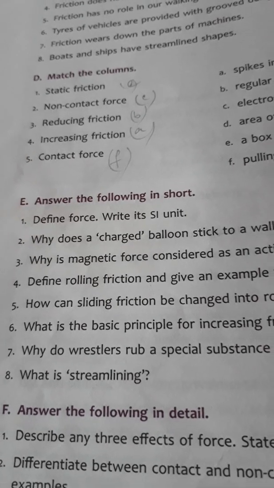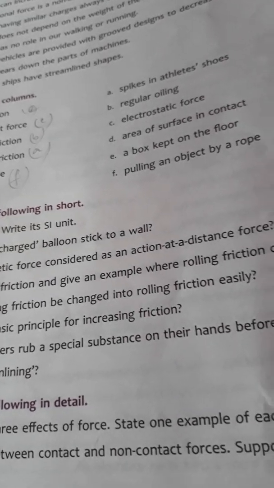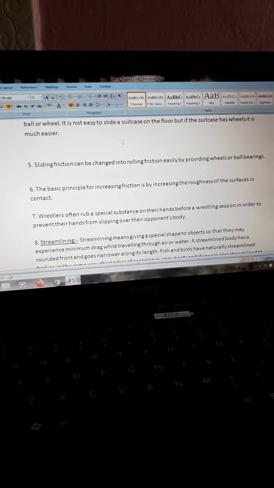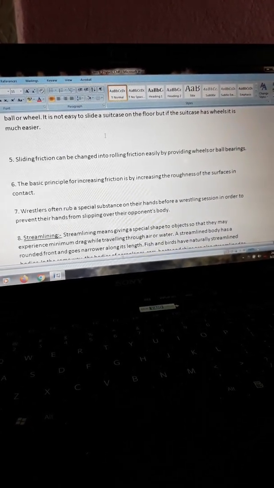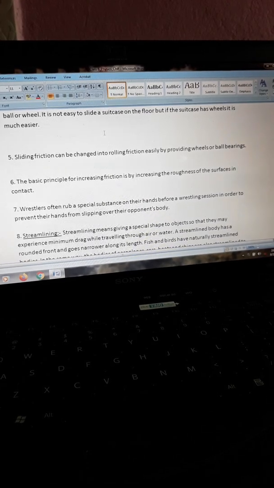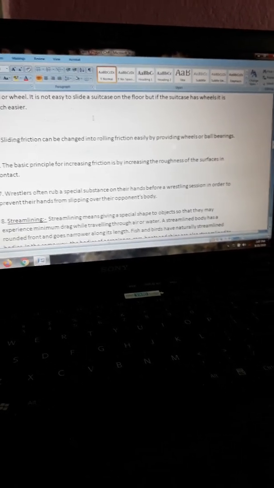Okay, so question number 7: why do wrestlers rub a special substance on their hands before getting into the ring? Wrestlers rub a special substance on their hands before a wrestling session in order to prevent their hands from slipping over their opponent's body, so they do not get slipped.